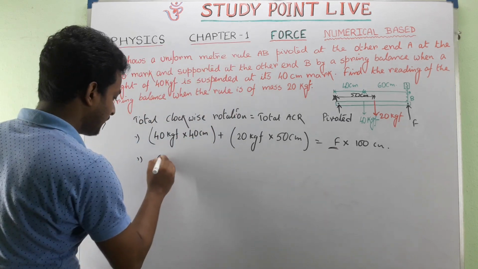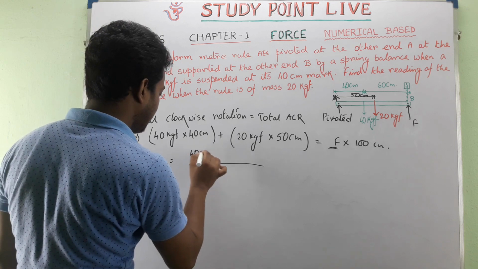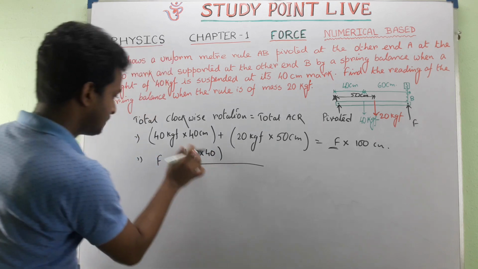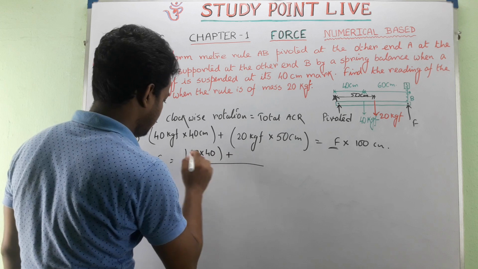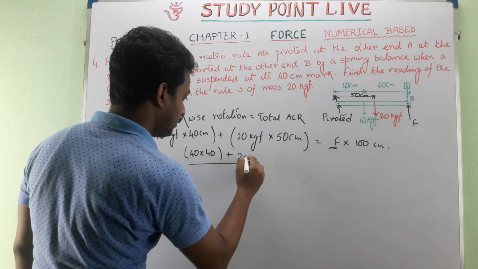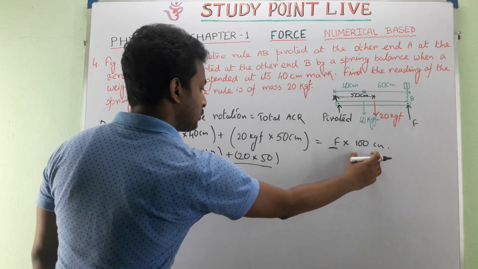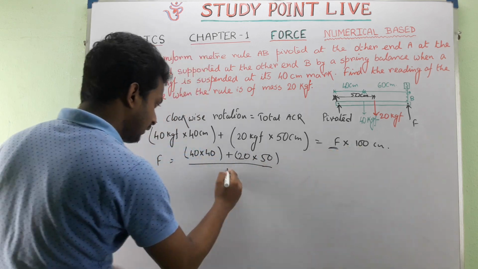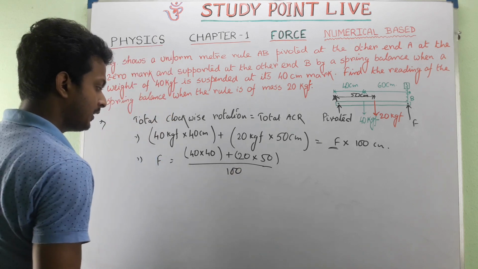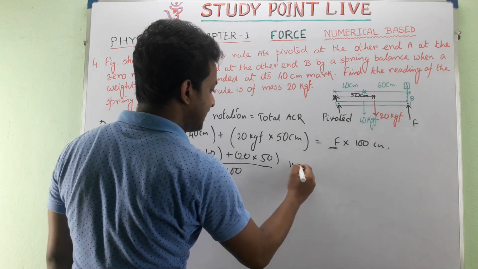Now we have to find the value of F. So let's keep F on one side and the entire thing on the other side. Here 40 into 40 plus 20 into 50, and this part was multiplied with F, so when it changes sides it will be divided by 100. Here it is force, so the unit will be kgf.